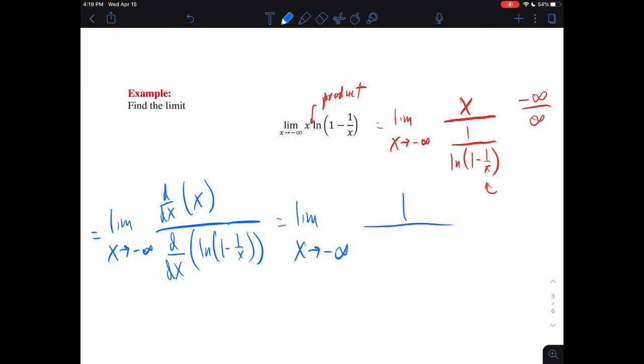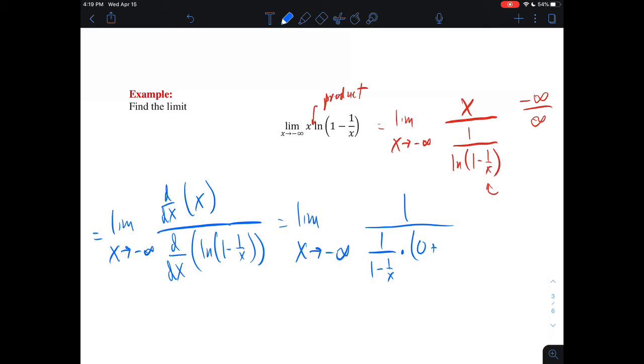Then what I have in the denominator, I have to use the chain rule. The derivative of a natural log function means I'm just going to have 1 divided by whatever was inside. And then I have to multiply by the derivative of what was inside. The derivative of 1 is 0. And then the derivative of 1 over x is negative 1 over x squared. So this turns into plus 1 over x squared.